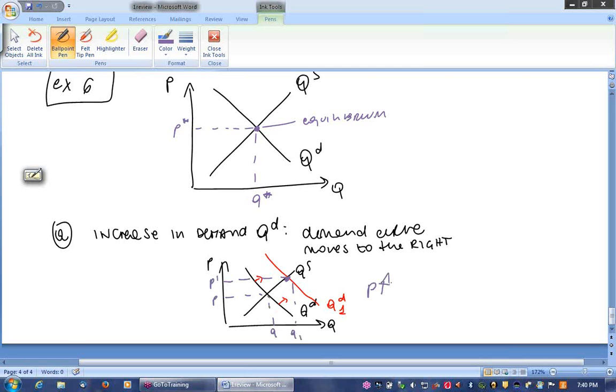So price is increasing and quantity is increasing. Okay? Questions on this? So after this event, the new equilibrium shows an increase in price and an increase in quantity.